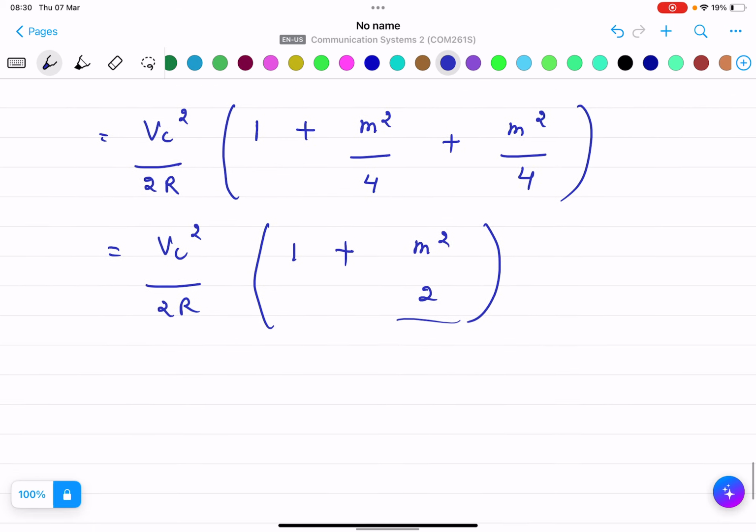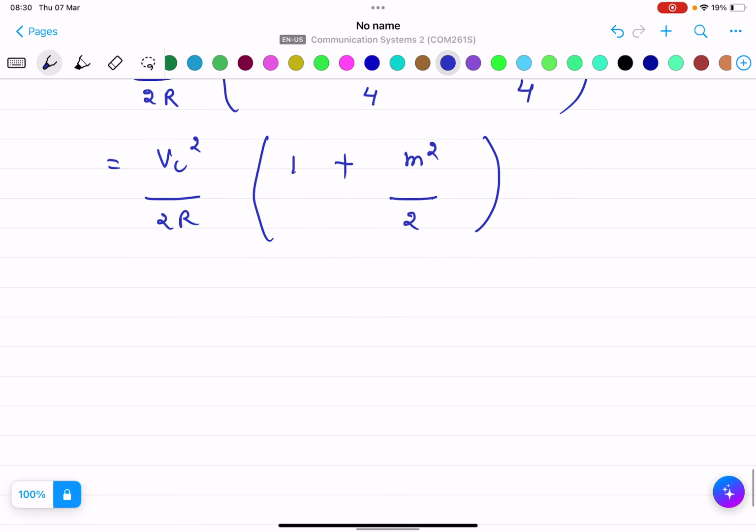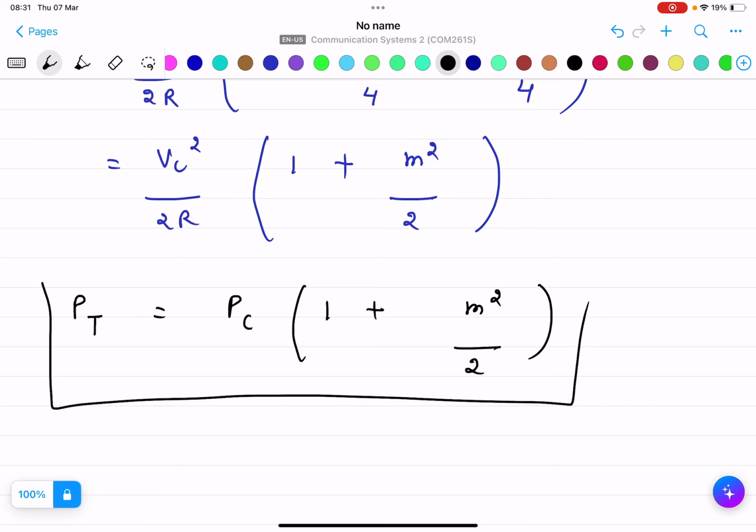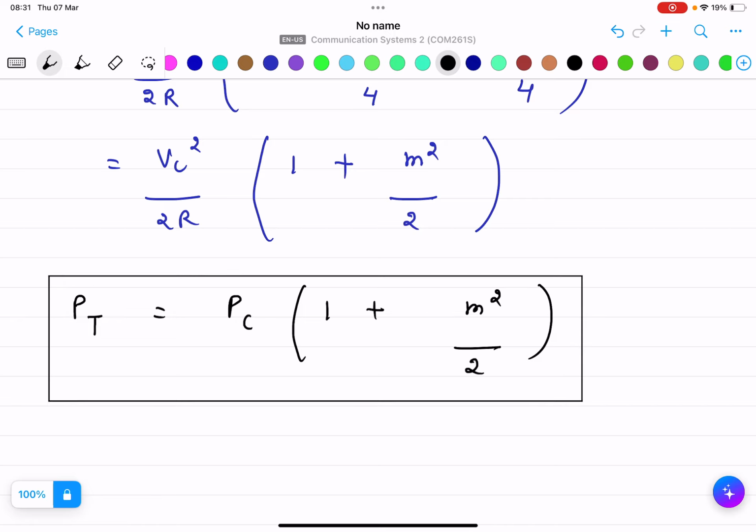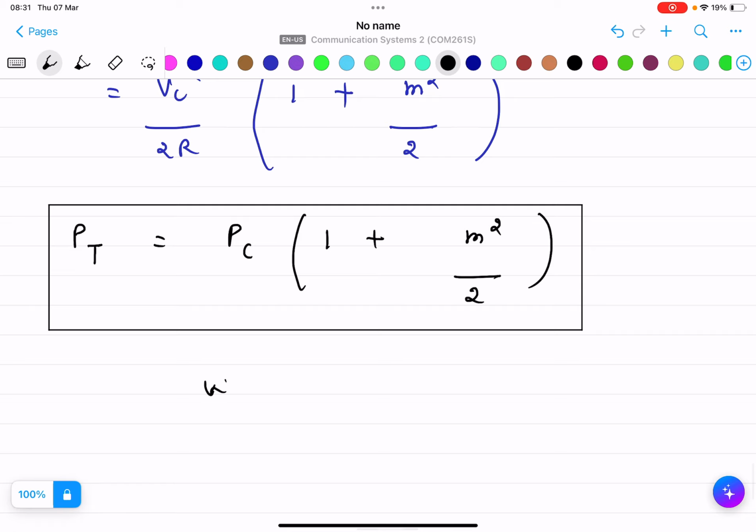So the final formula is Pt equals to Pc times 1 plus m square by 2. So that is my final formula of the transmitted power, where Pc equals to Vc square by 2R.